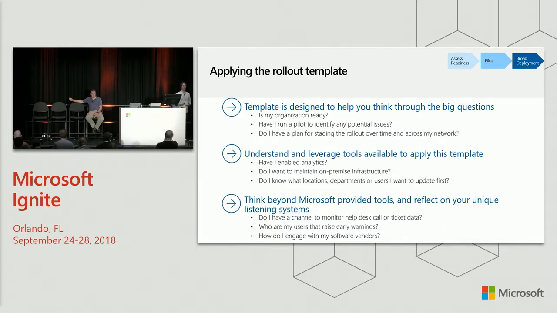Who are the folks that are going to raise their hand and let you know early when something is happening? How are you going to reason about help desk volumes that are coming in? And what's your process and your thresholds for when you see something, how to stop the rollout or how to go and remediate issues? Just being prepared so that you can have the best experience possible as you roll out.